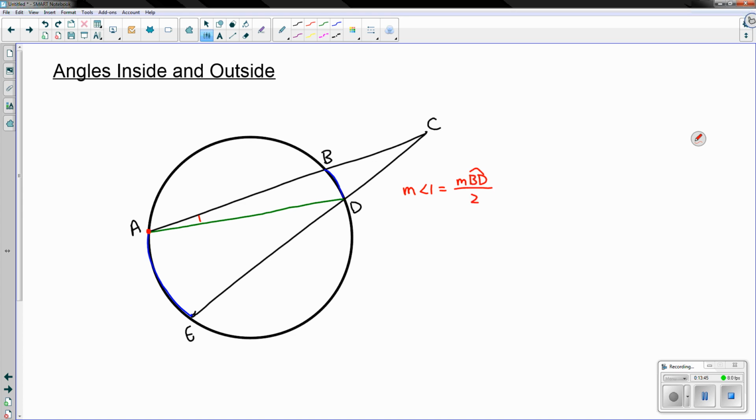And by introducing the chord AD, maybe you can see that there's another angle here that's also inscribed with chord AD and DE, and it's related to arc AE.